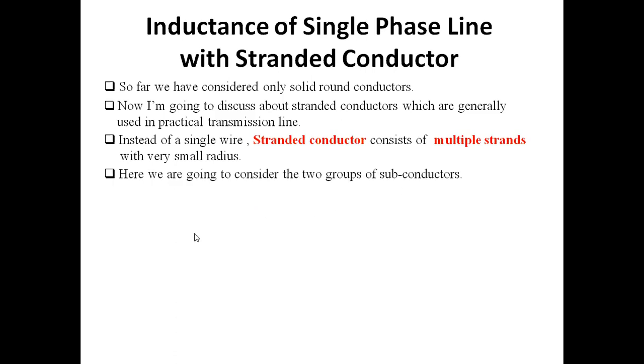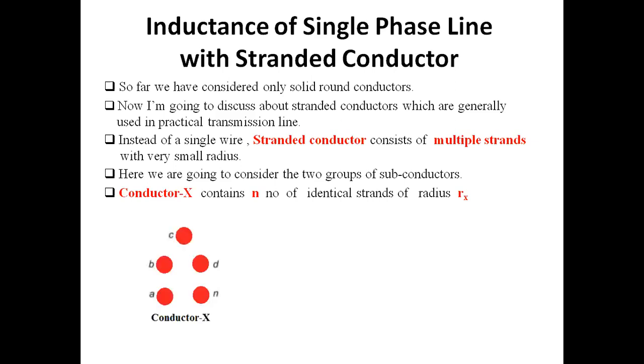Now, how do these conductors look? Here we are considering two groups of subconductors. Conductor X contains n number of identical strands with radius rx. These are the strands A, B, C, D up to n. And conductor Y contains n number of identical strands having radius ry.